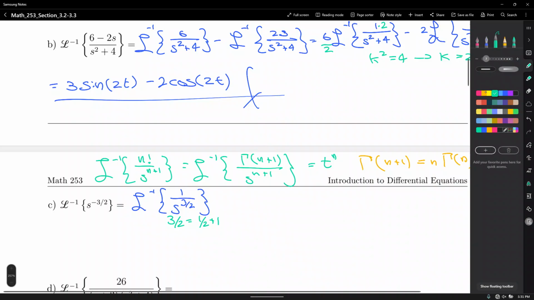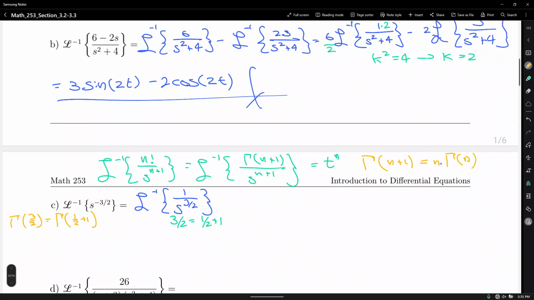Let me do a side trip here. So gamma of 3 halves equals gamma of 1 half plus 1, which at the same time using the definition, that's n gamma of n. In other words, take the 1 half outside and that equals 1 half gamma of 1 half, which is gamma of a half. Isn't that the square root of pi from last time or a couple times ago? Can you remember? Yeah, I think it was last time. Yeah. So, okay, we have everything we need.